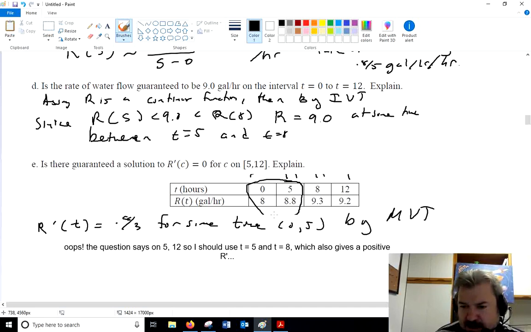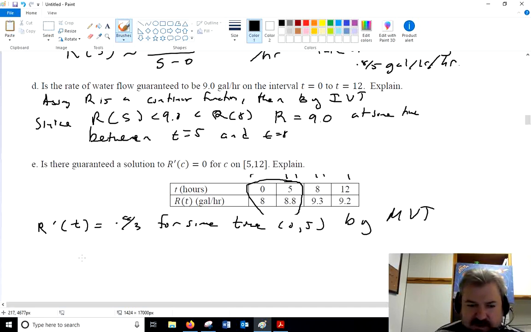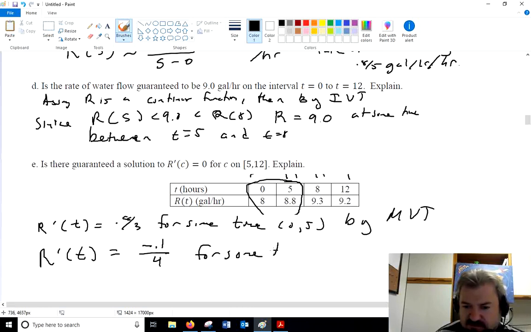We know that, right? And we also know that R prime of t is equal to negative 0.1 over 4 for some time on 8 to 12, also by the mean value theorem.